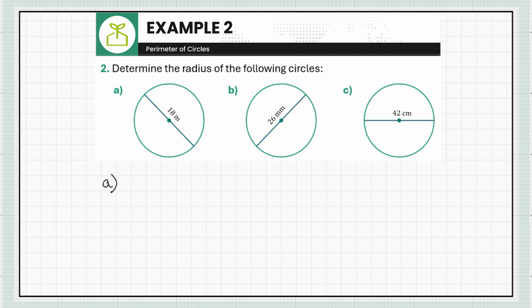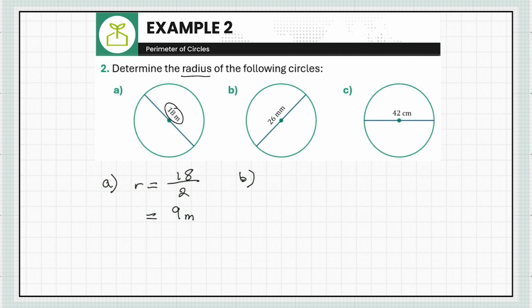Our diameter here is 18 meters, so our radius is going to be equal to 18 divided by 2. Now 18 divided by 2 is just 9. So our radius is equal to 9 meters.